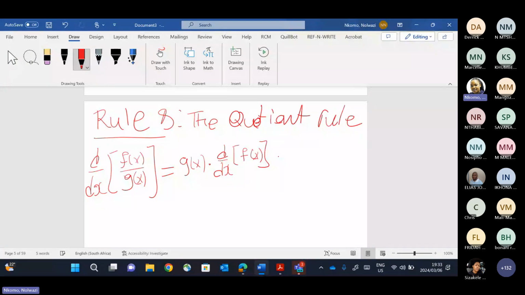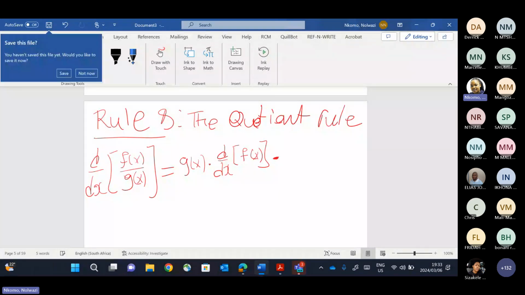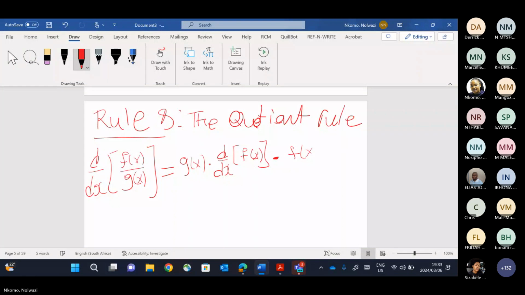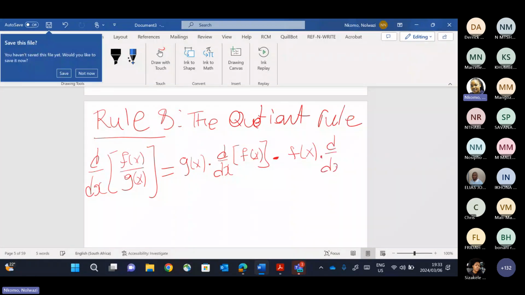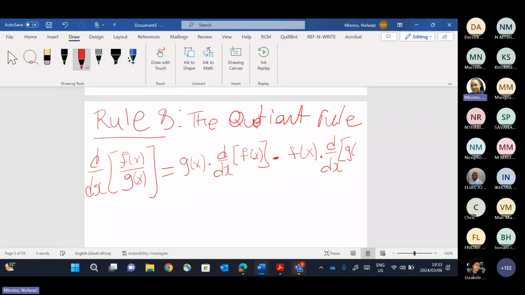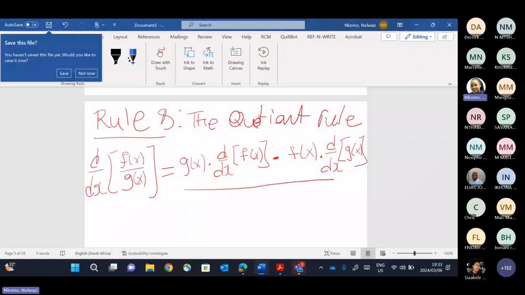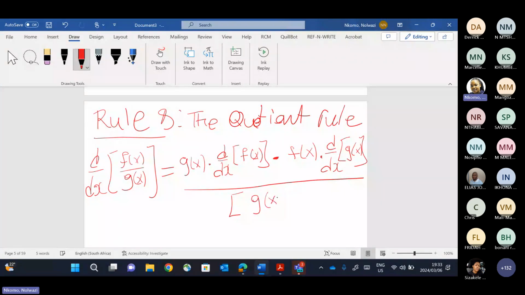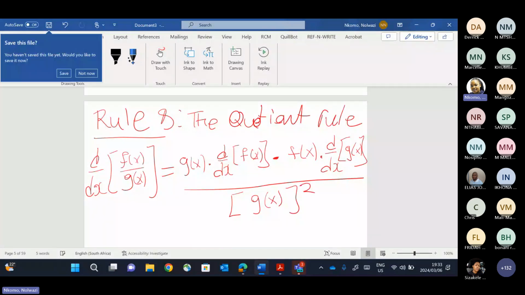Then minus, now you keep the upper function, so we have f of x times d over dx, the derivative of the lower function.